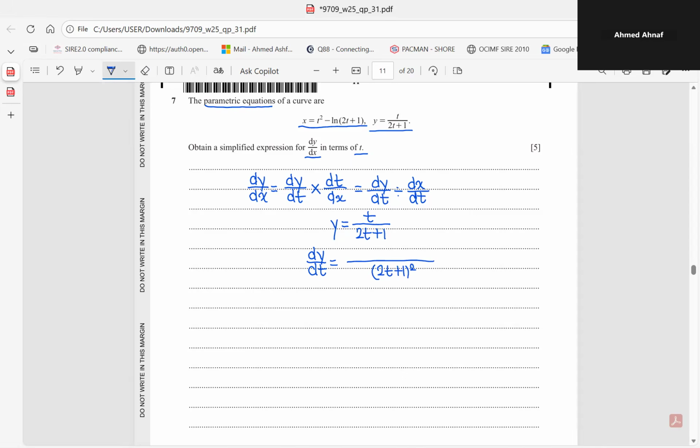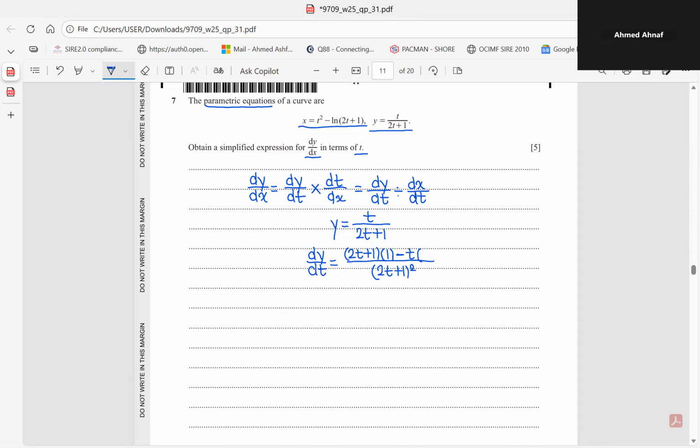And then you bring the denominator up, you keep it, and then you multiply this by the derivative of the numerator. So derivative of numerator is just 1. So you multiply by 1, then minus, you keep the numerator, so t, and then you multiply by the derivative of the denominator. So denominator is 2t plus 1.